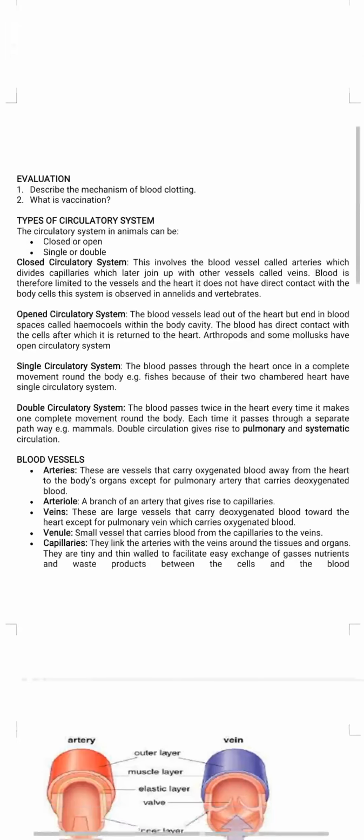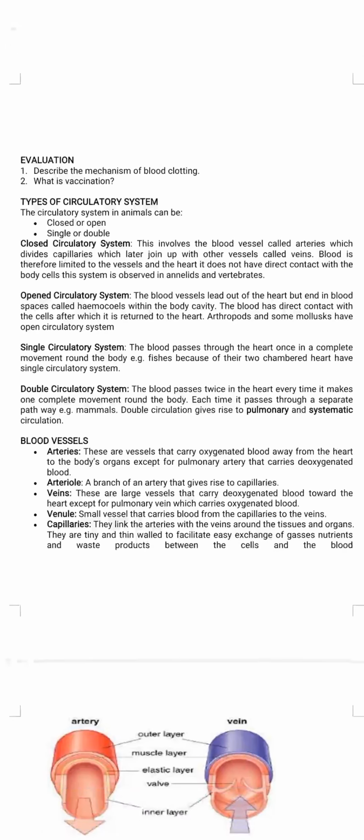Now, for the single circulatory system, the blood passes through the heart once in a complete movement round the body. Most of the time, it occurs when it's just a two-chambered heart, unlike the mammals and birds, which is four-chambered.